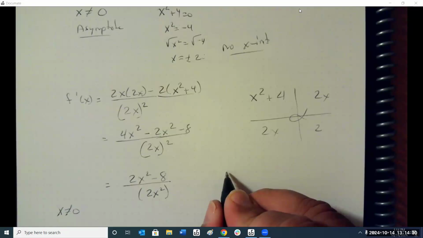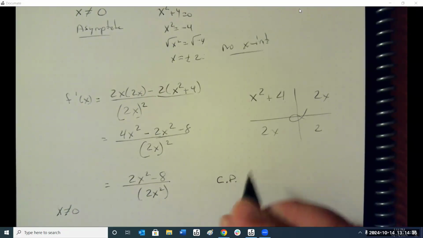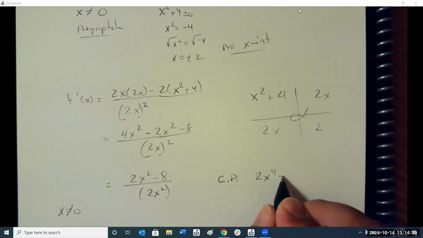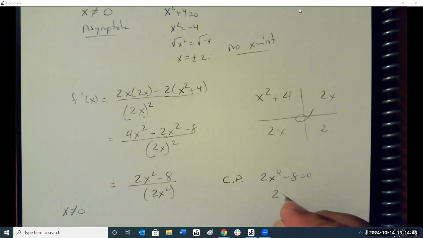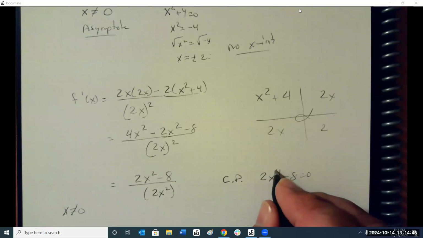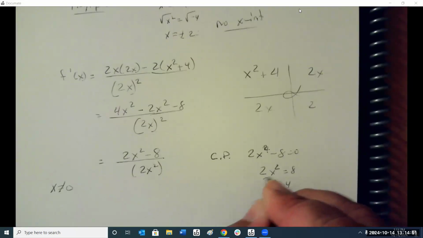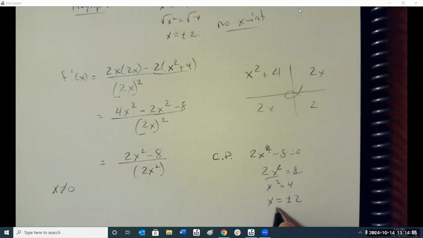So my critical points: 2x squared minus 8 equals 0, x squared equals 4, x equals plus or minus 2.